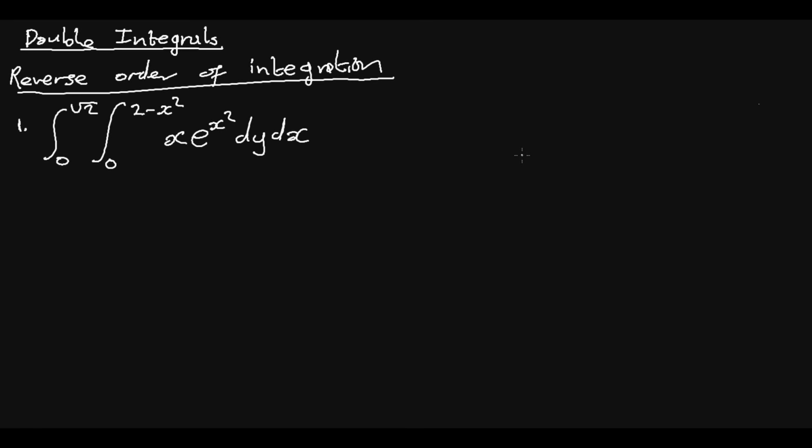Now, how do we reverse the order? We have to focus on these limits. So let us sketch the region. These limits, as they are here, are coming from a region, and the region is always on the x and y axes. You just forget about the z direction when we are developing the region from which we get the limits.